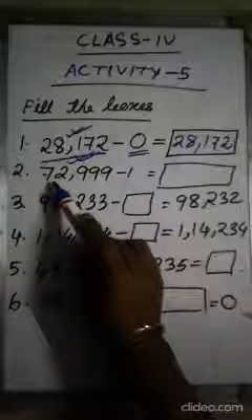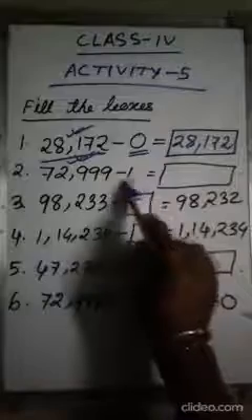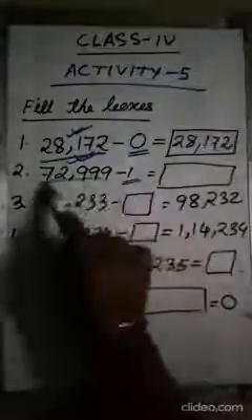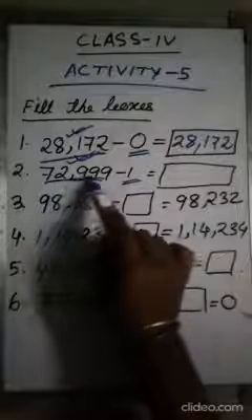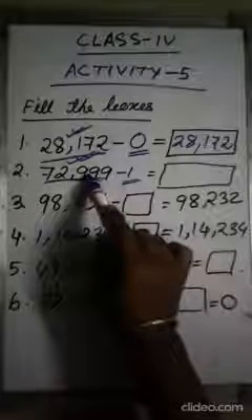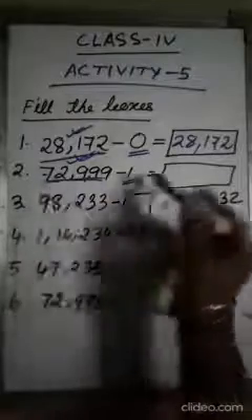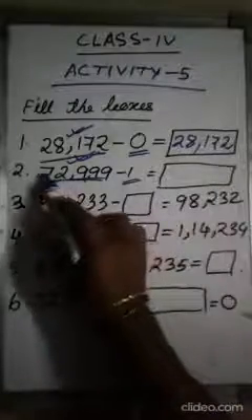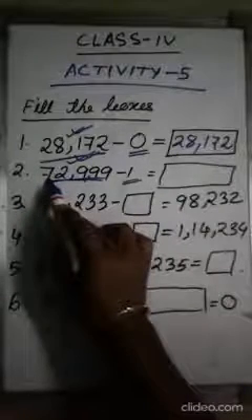In our property 2, we got that if we subtract 1 from a given number, we get the predecessor of this number. So what is the predecessor of this number? The number just before this number. So what is the number which comes before this number?